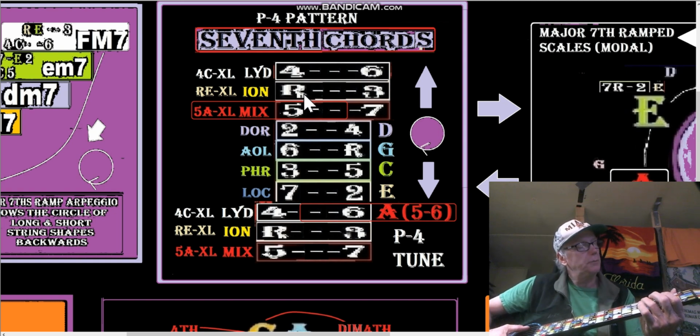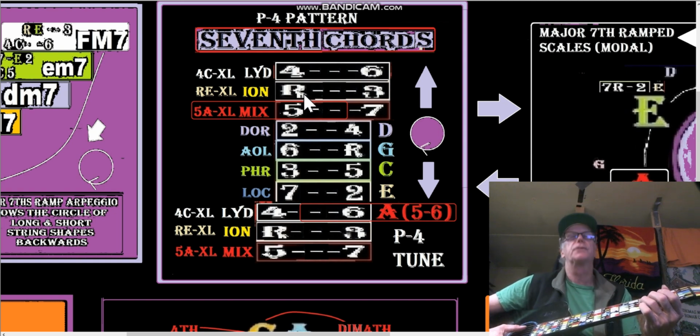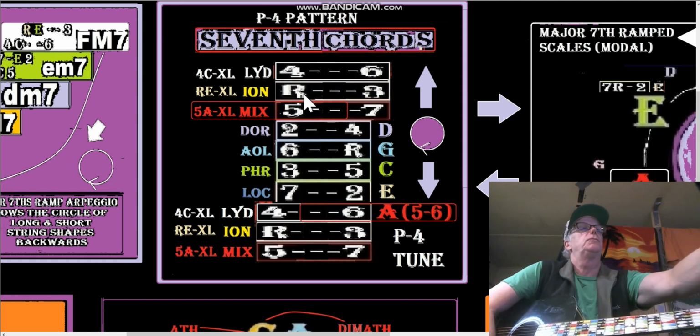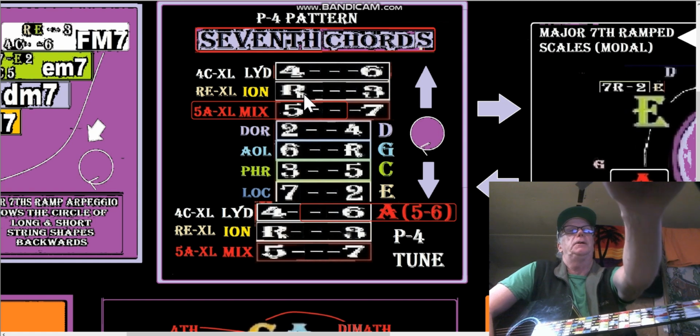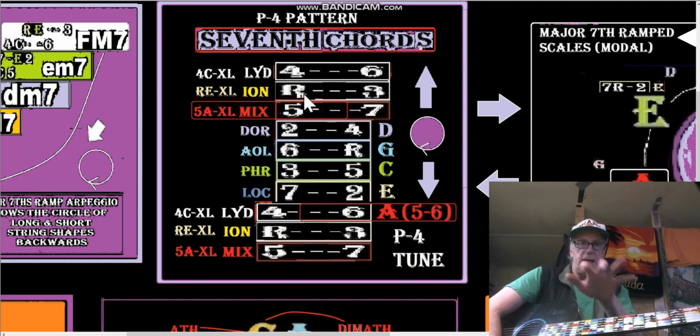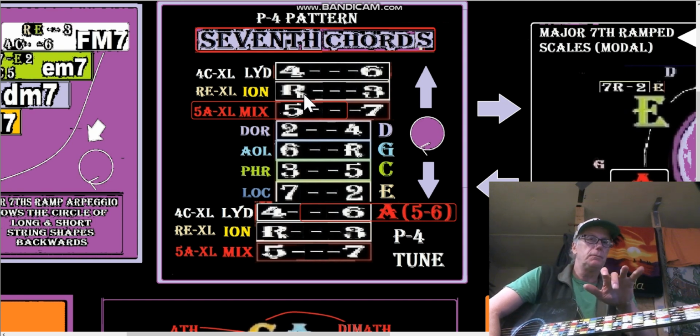Just do this one, which would be 4, 6. So that would be root 3, 4, 6. It's kind of like an accordion: bring that chord down, collapse it down, keeping the 2 bottom notes the same and bringing that 3rd down.